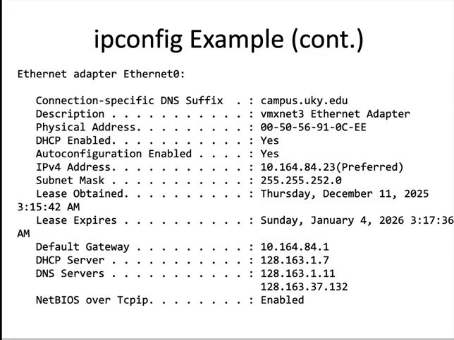And we actually have information about when DHCP gave us a lease on that IP address and when that expires, and also the default gateway, our DHCP servers, our DNS servers, etc. So that gives you a lot of information about the IP configuration on a Windows machine, just like ifconfig did on a Unix machine.